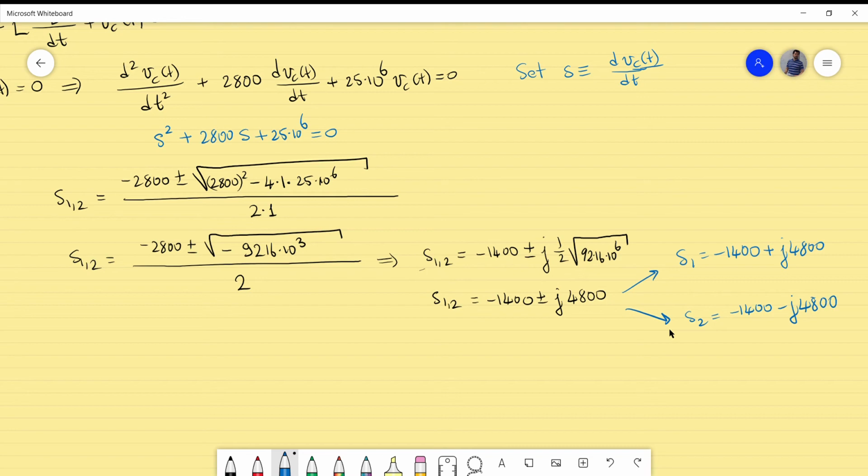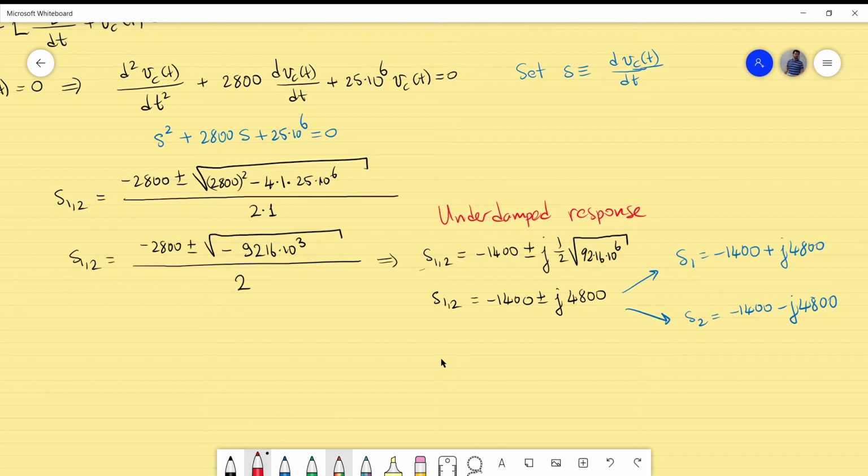Because we have a solution with a complex notation, with a real and imaginary part, this is also called an underdamped response. This is different from the first two examples we discussed.